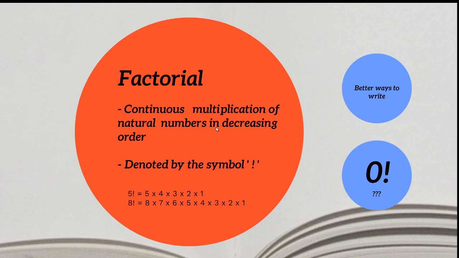When you say negative numbers, it will include complex numbers also, imaginary i and all. That is called the gamma function, and you won't study this, just for information. For now, just remember that factorials are continuous multiplication of natural numbers in decreasing order.